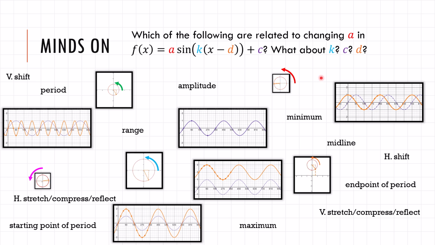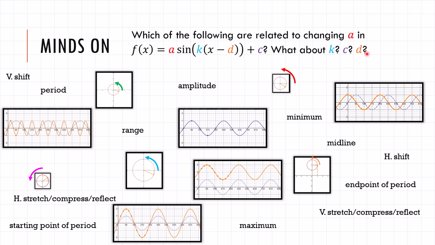Looking at all of these things together, which do you think are related to changing the value of A in this equation? If we only looked at this number here and we made it bigger or smaller, in other words, just changed its value, which of these things do you think would be impacted by that? What about K? What about C?